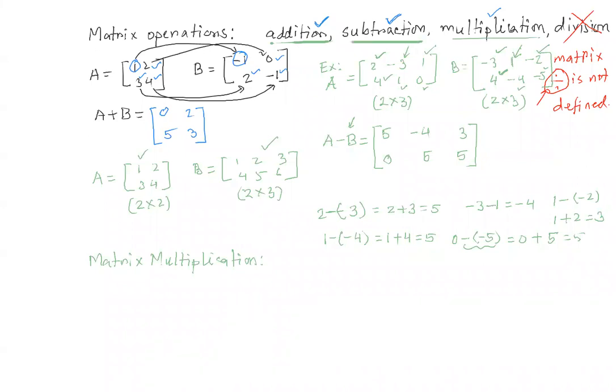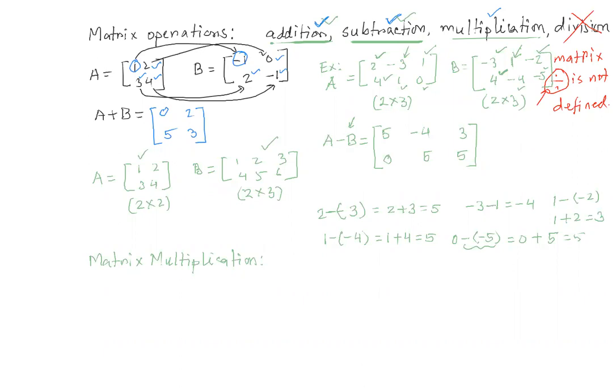However, under certain conditions, for addition and subtraction, both the matrices that you are adding or subtracting must be of the same dimensions. That means they must have the same number of rows and the same number of columns.